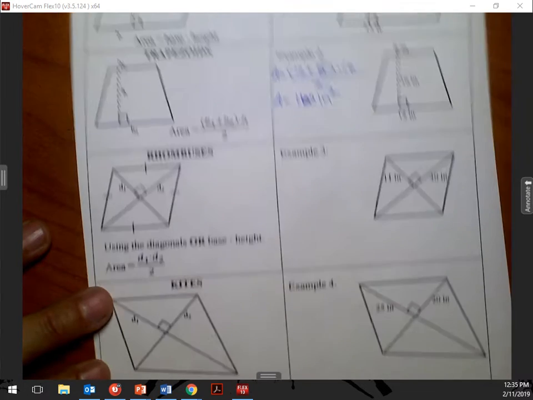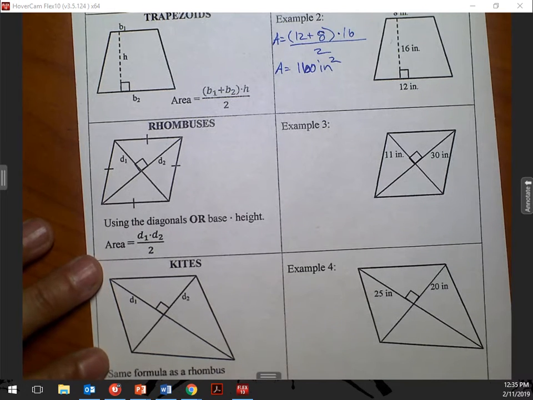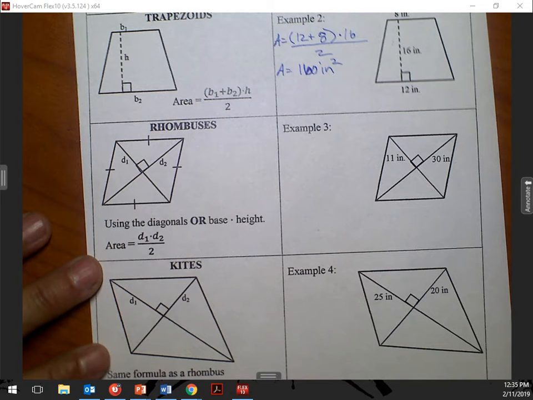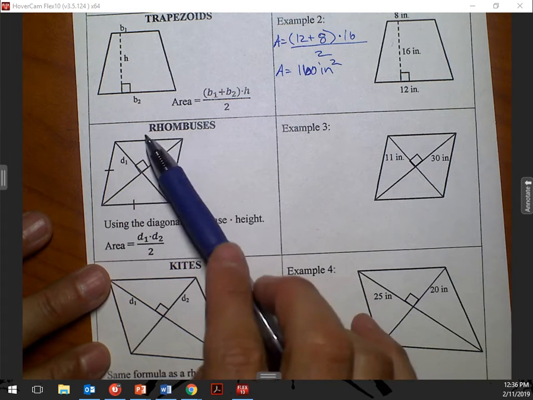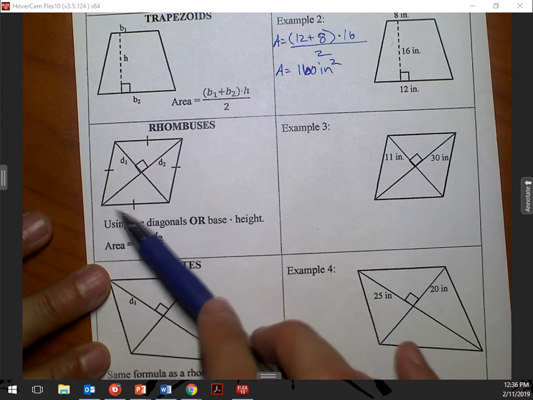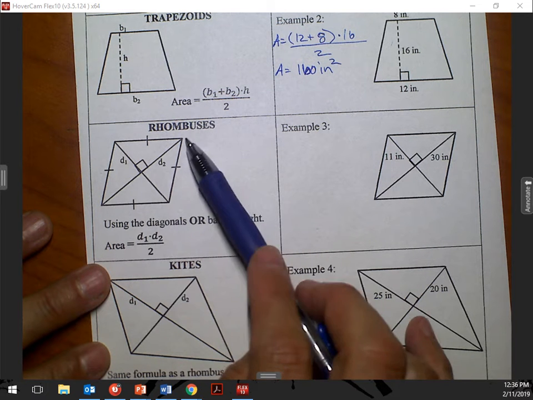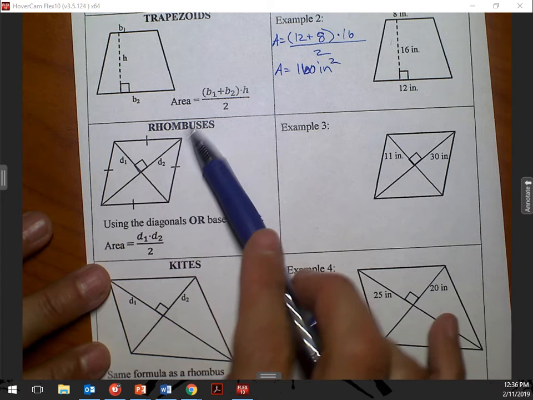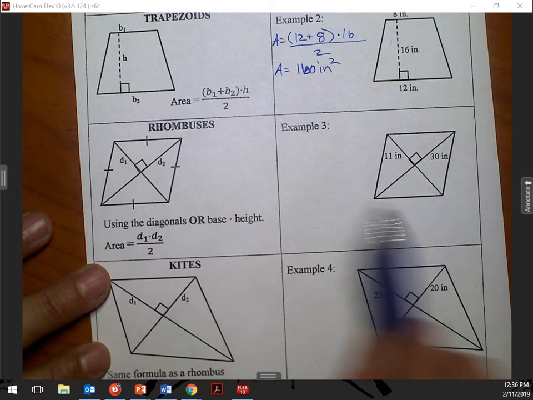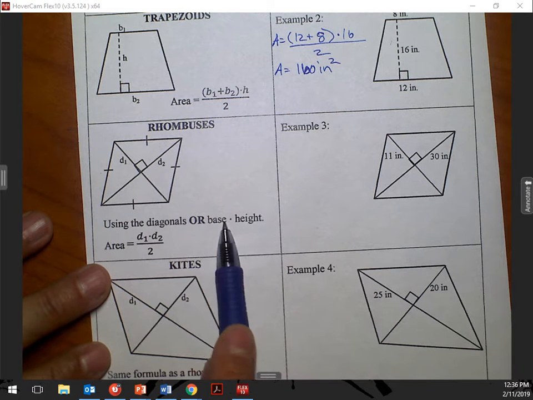Let's take a look at the rhombuses. Rhombuses are kind of like a diamond or a kite, but in a rhombus all sides are the same. So it's D1 times D2 divided by 2. Diagonals only.